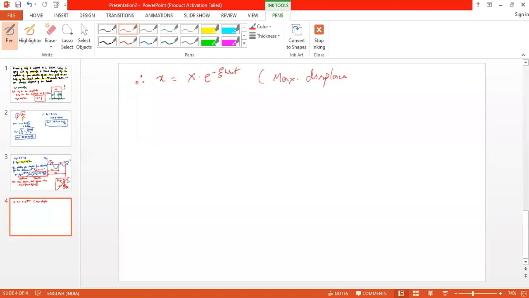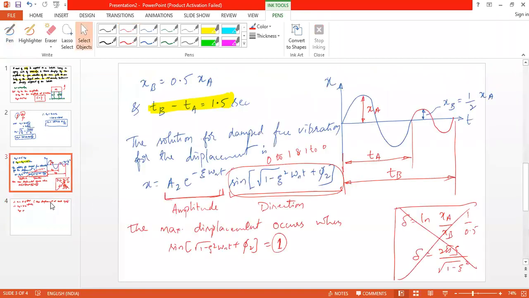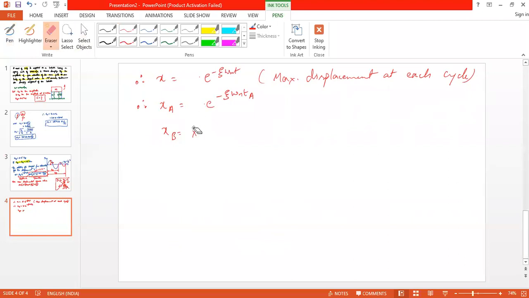So XA can be written as A2 e power minus zeta omega n tA, and XB is equal to A2 e power minus zeta omega n tB.